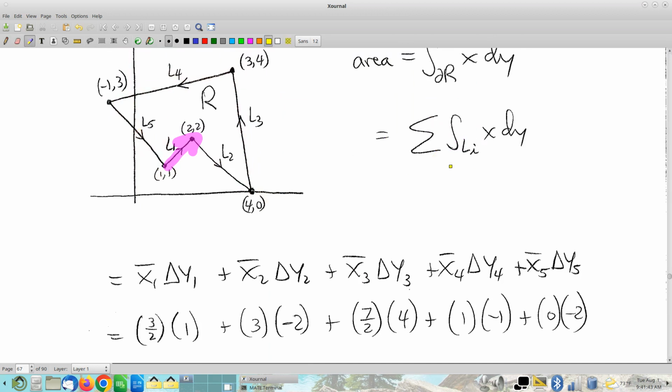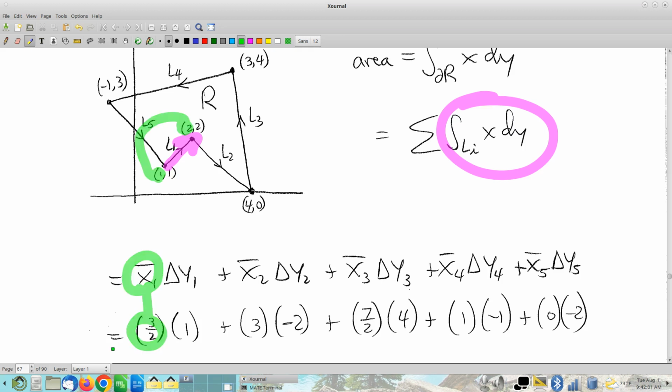Looking at this first edge, I want to compute on that edge the integral x dy. Remember, that's the average value of x times the change in y. Okay, what is the average value of x? Well, I've got a 1 and a 2, and the average of those two values of x is 3/2. Everybody good?